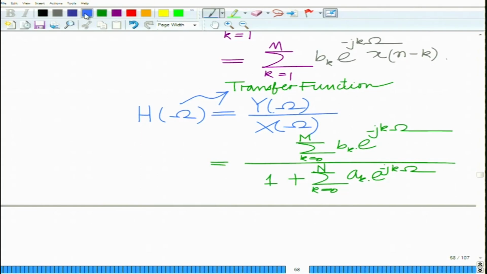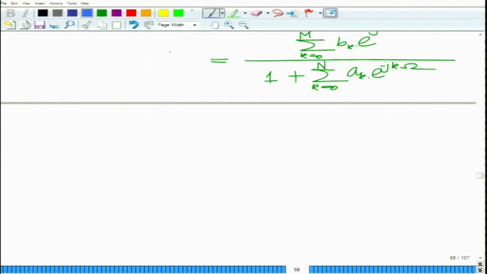Okay. So, this is the transfer function H(omega).